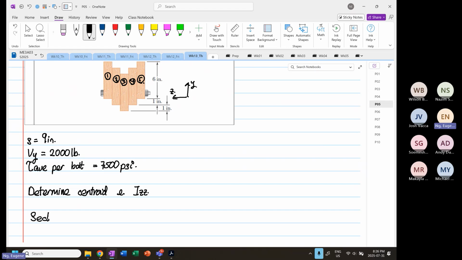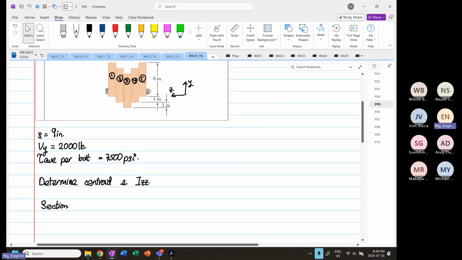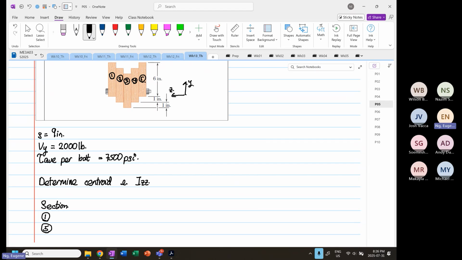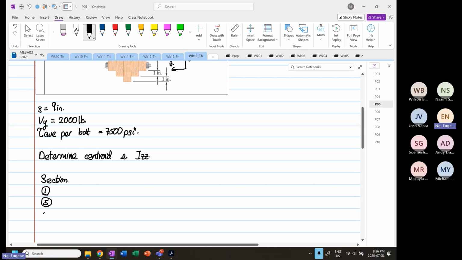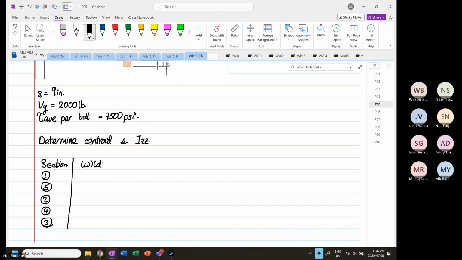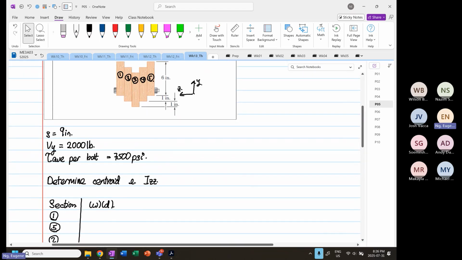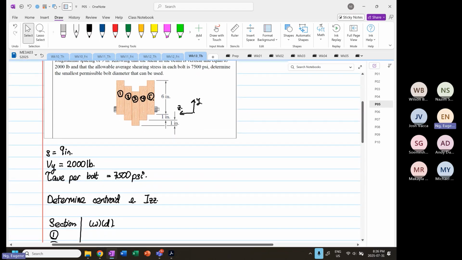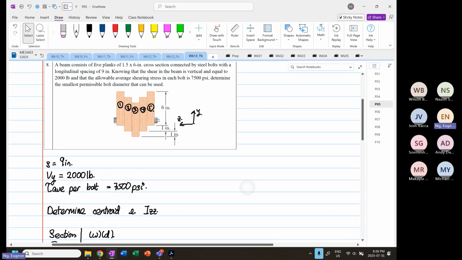So based on position, section 1 and 5 will be the same. Section 2 and 4, the values will be the same. And section 3 is where it will be different. So width and depth, width is 1.5 and 6.